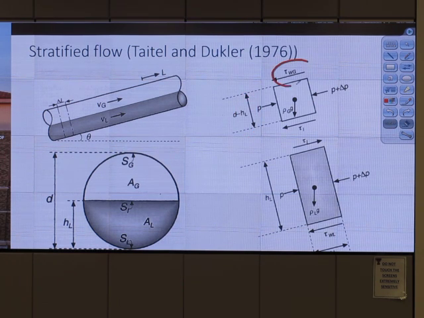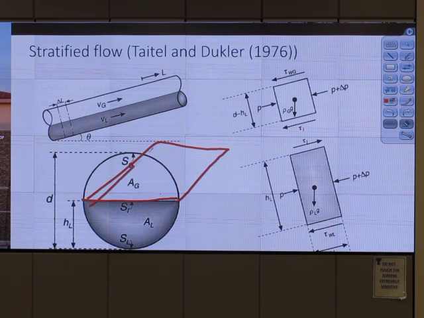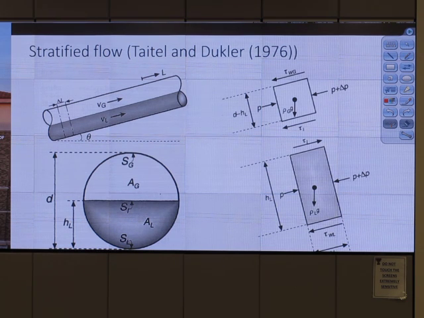Force. This force is multiplied by what? SG delta L. The middle one, tau I, is Si delta L. Tau I has to be multiplied by Si and delta L, so it is this area.